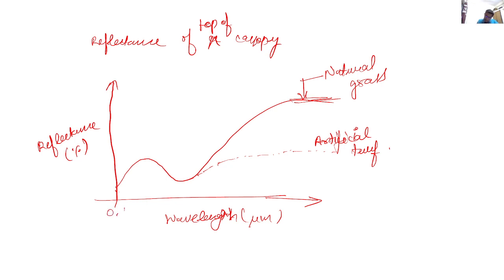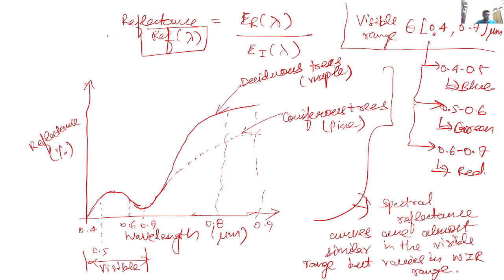So this is 0.4, 0.5, 0.6, 0.7 micrometers, and this can go as far as 0.8 and 0.9, the near infrared zone. The reflectance can be as much as 50 percent for natural grass, and for artificial grass it will be even less than 20 odd percent.